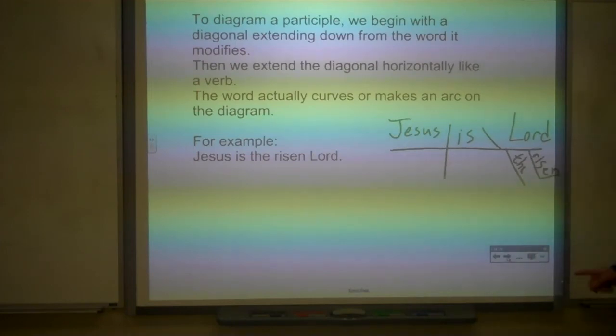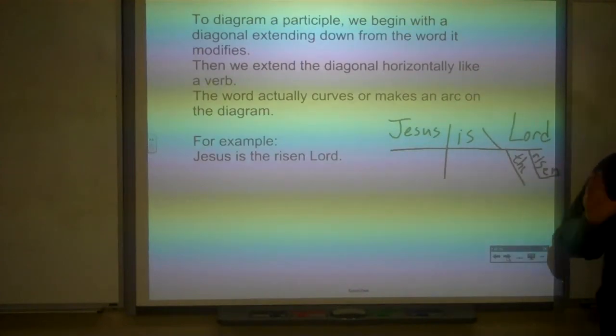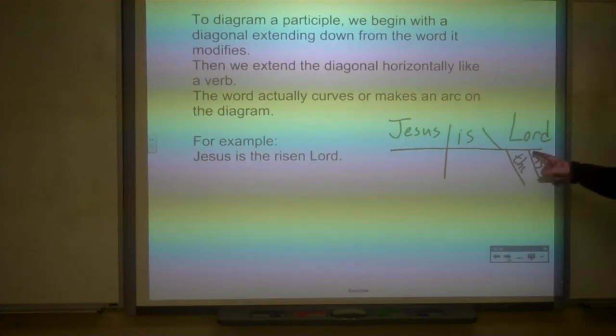Okay, here's a simple example, one you might remember from a previous lesson. Jesus is the risen Lord. Okay, risen is a participle. It modifies Lord. So we put risen on a diagonal and a horizontal. It curves around on both parts of the line under the word Lord that it modifies.